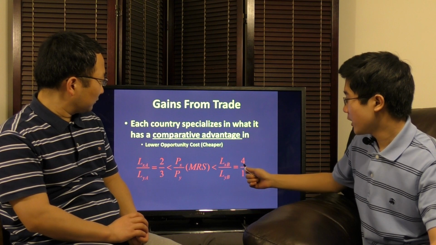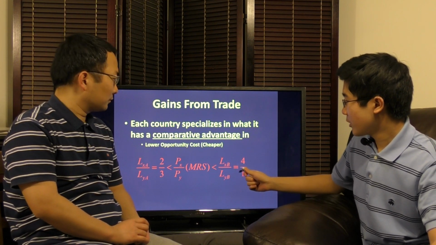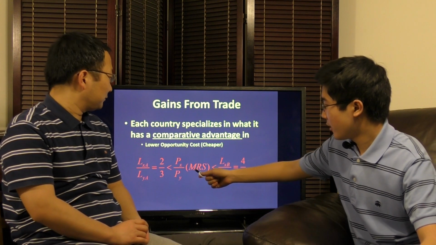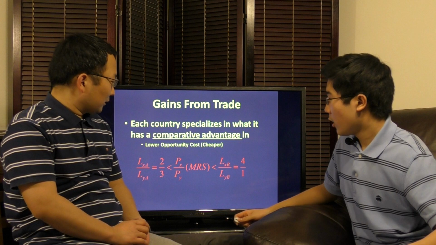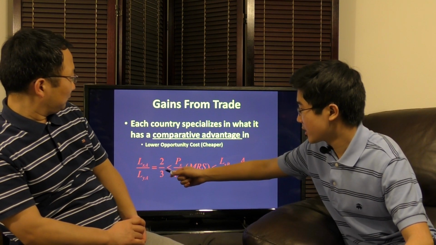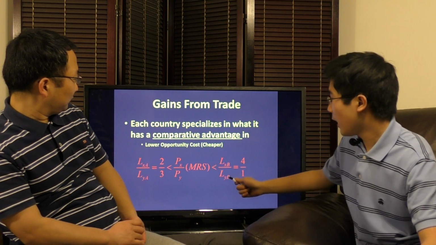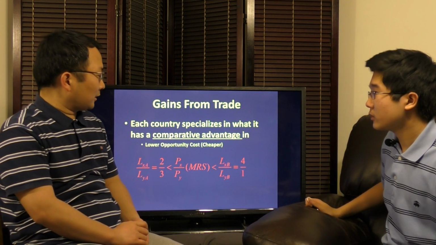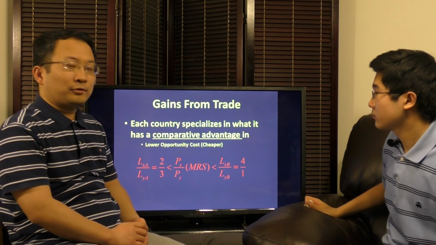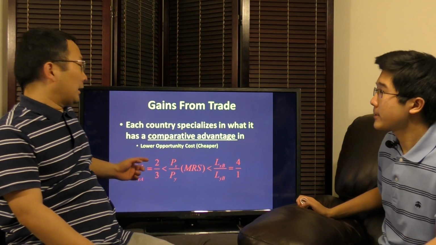Country B wants a lower relative price for good X, while country A wants a higher price for good X in the form of good Y, which it has a tougher time producing. In this case, it's pretty straightforward. For country A, we have this pricing.